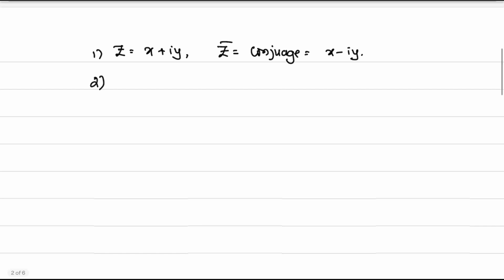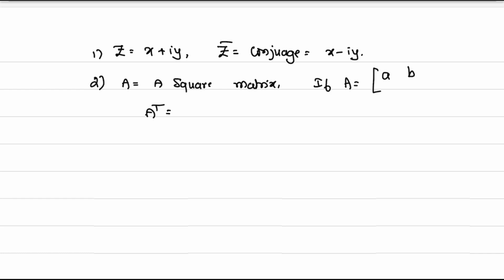Second, we know that if A is a square matrix, then A transpose is the matrix where the columns and rows are interchanged. For example, if A is equal to [a, b; c, d], then A transpose is equal to [a, c; b, d]. This much you are already aware.